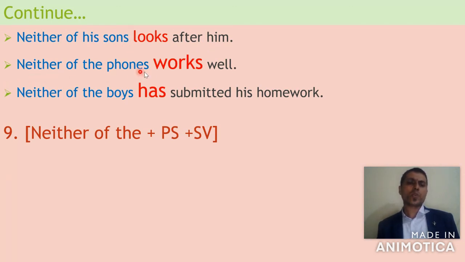Neither of the phones means there are two phones, and not even one of them works. Neither of the boys, there are two boys, and not one of the boys has submitted the work.